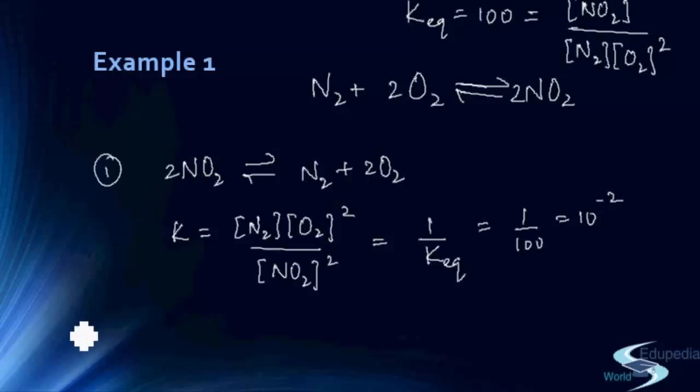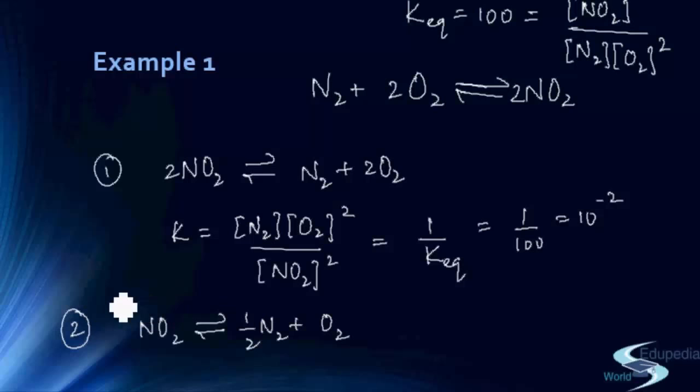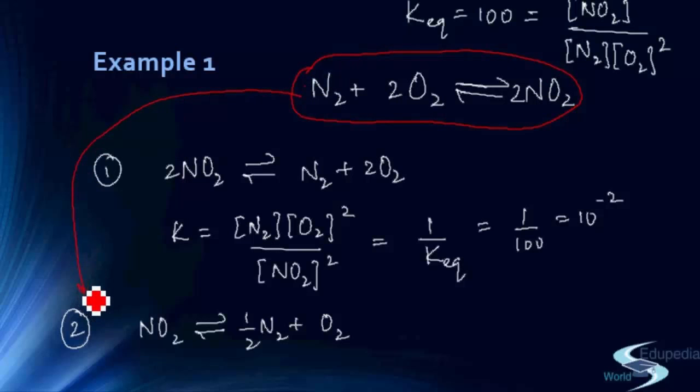Let's say in the same question they ask you another part: find the equilibrium constant for this reaction, NO2 going to N2 plus O2. But this time the balancing is slightly different. If we start from the original reaction, this time not only have they reversed it, but after reversing the reaction they have multiplied it by a factor of 1 by 2 on both sides.